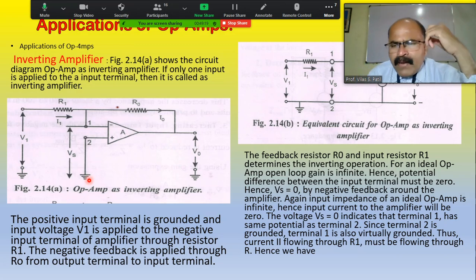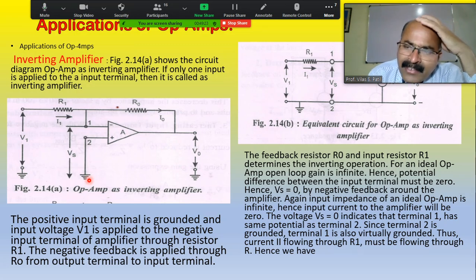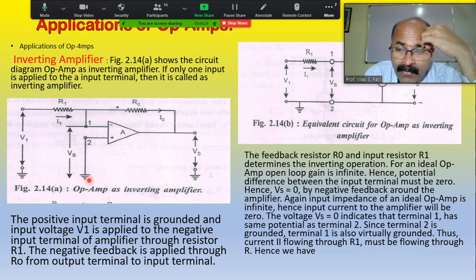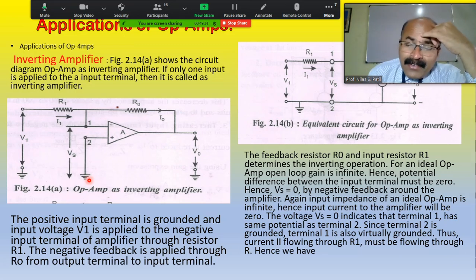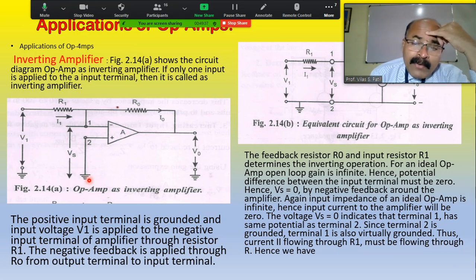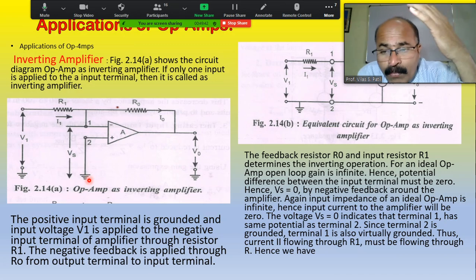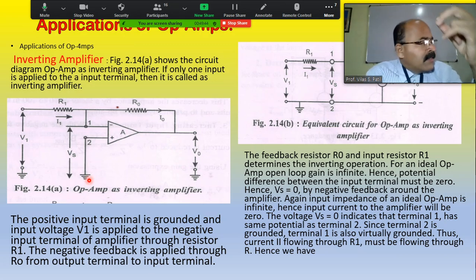Again, this operational amplifier can be used to perform different mathematical operations like derivative and integration. Here the operational amplifier can be used as the differentiator, who can differentiate the input, and as an integrator.